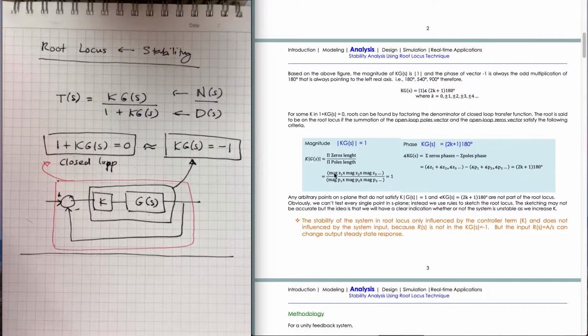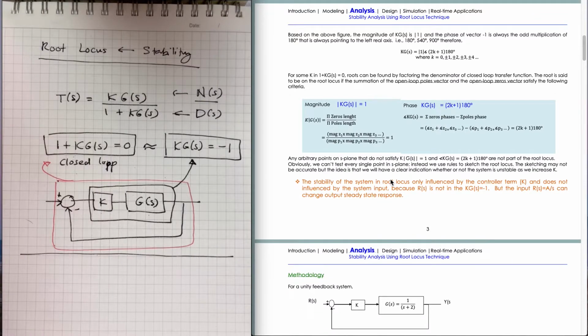The total of the vectors of zeros and poles represents the KG(s) magnitude, and the phase is the total zeros phase minus the total pole phase.